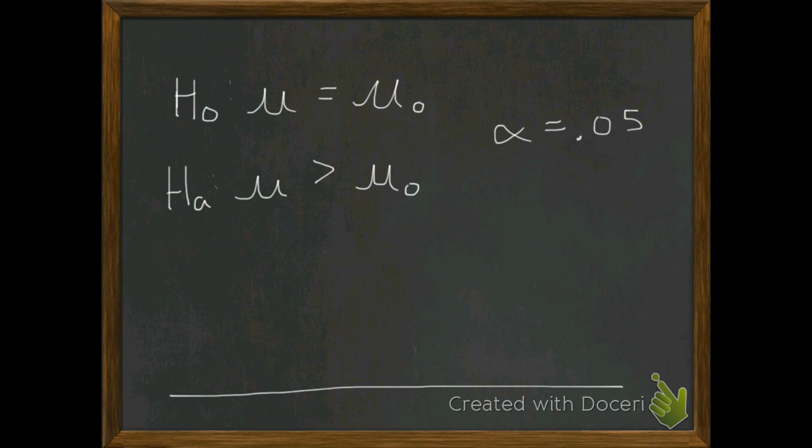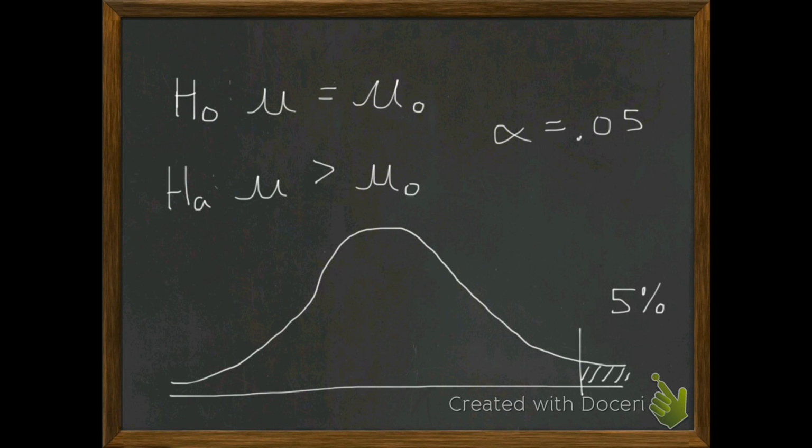In our distribution of sample means, we are going to put all 5% of our rejection region in the right-hand tail.